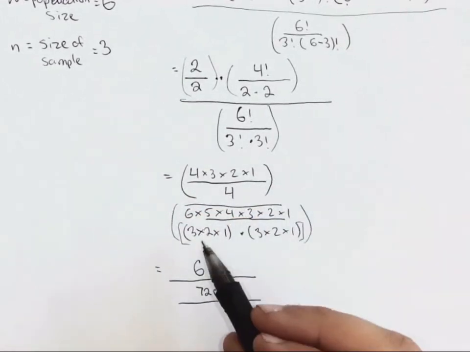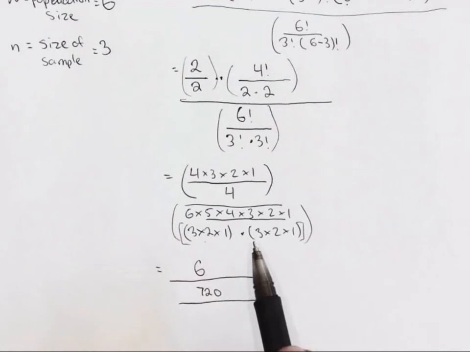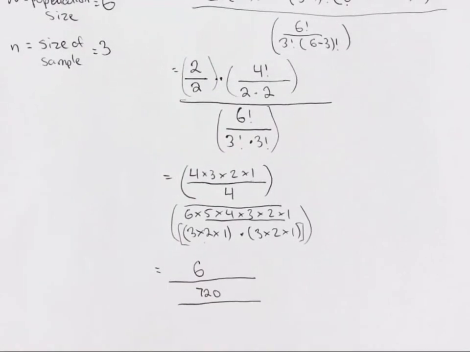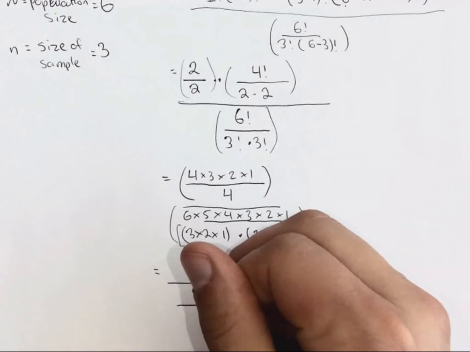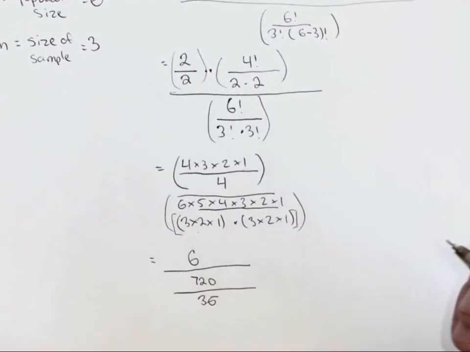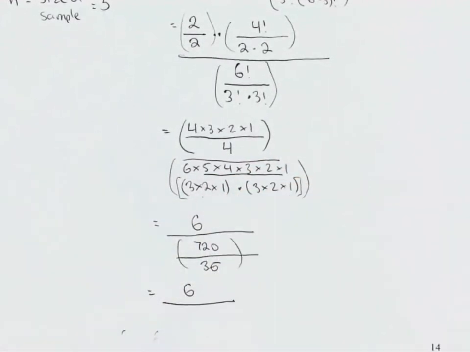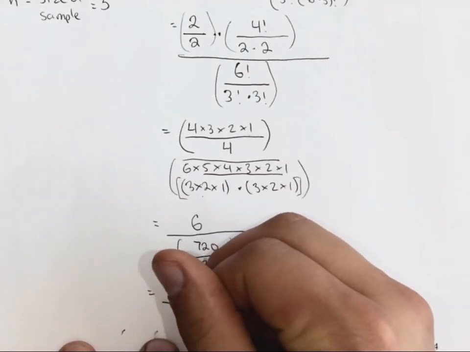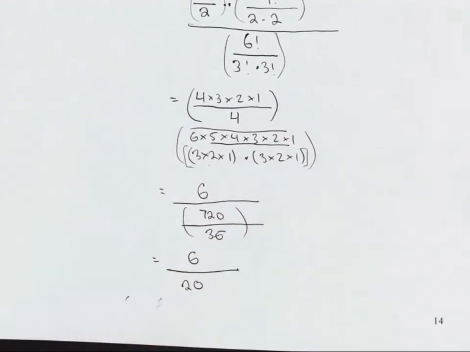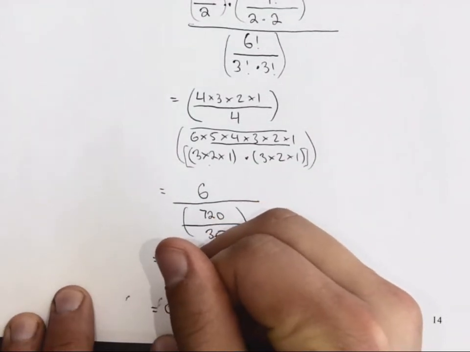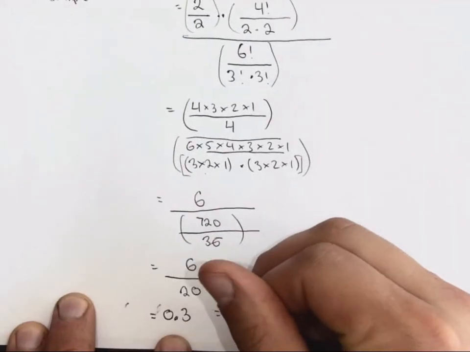Now 3 factorial, 3 times 2 is 6 times 1, still 6, and so 6 times 6 is 36. So we just need to do this final calculation. 720 divided by 36 is 20. So 6 divided by 20 equals 0.3.